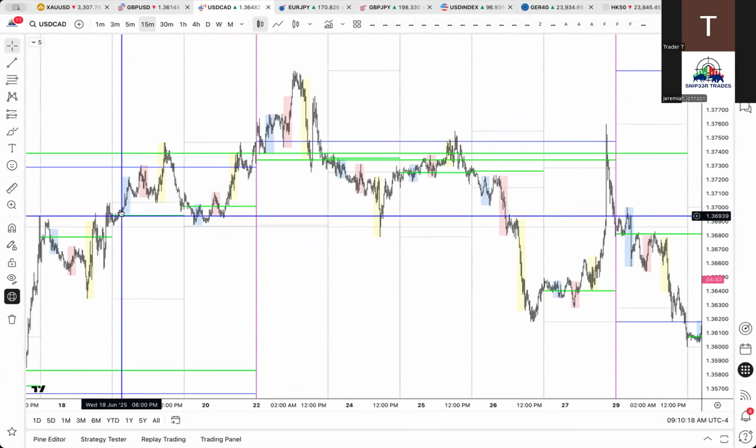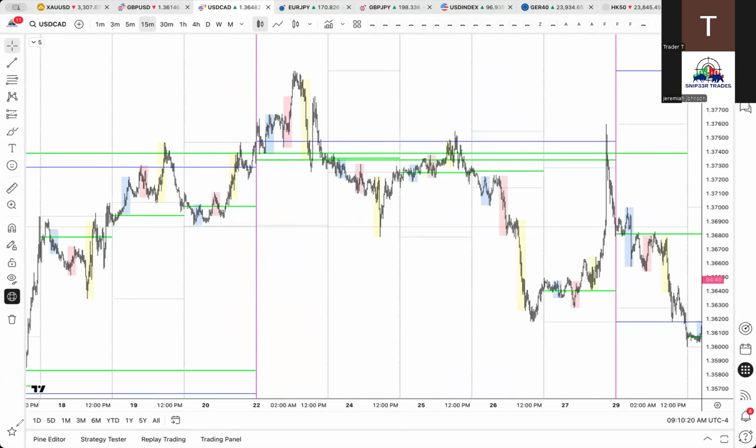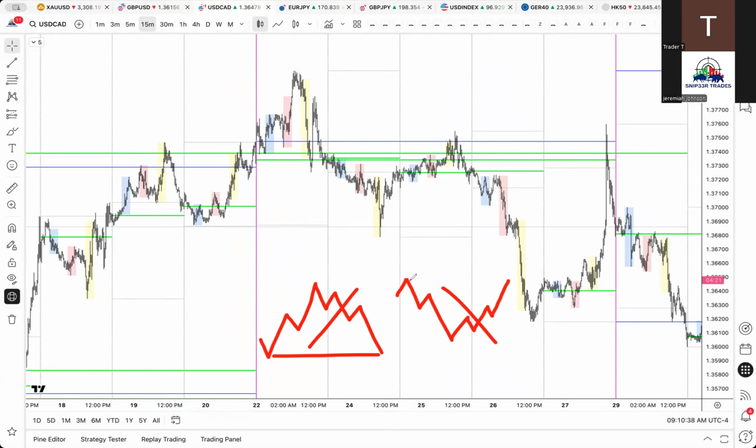To me, I see, and I'm just going to draw my 2 models here first. The only 2 models that I would trade are a dump and pump or a pump and dump. And this is once again what I demonstrate here in the ebook. And it is quite simple.